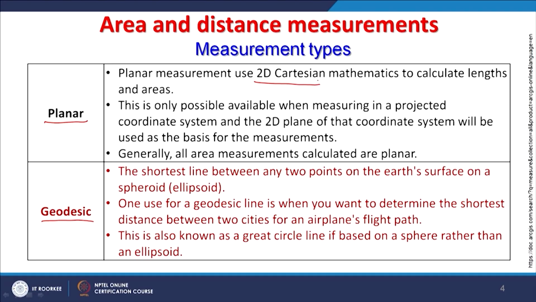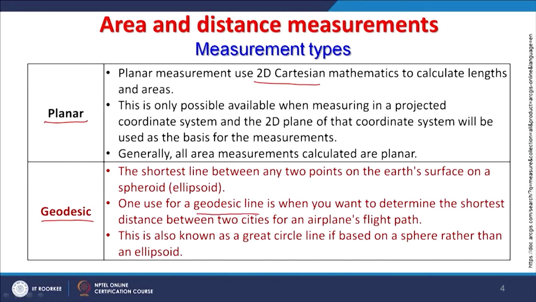But when we go for 3D, like geodesic measurements, things become a little complicated. Especially in hilly terrain, if somebody is using a digital elevation model or even a satellite image of a hilly terrain, then one has to take care while doing the area measurement whether it is a planimeter measurement or a terrain measurement.